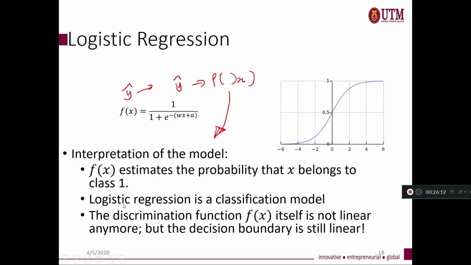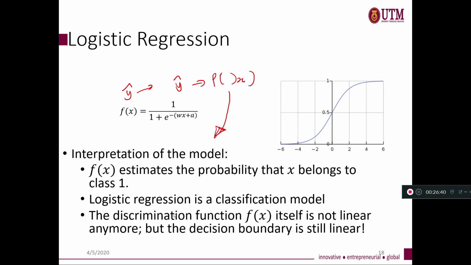You managed to change linear regression into logistic regression by cascading your linear function with this sigmoid function, and you come out with a function which discriminates between points belonging to class 1 and class 2.